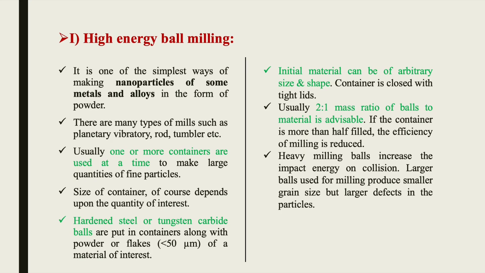You cannot take a very high radius of the ball to get the smallest grain, because you will get more defects in the particle. So your particle size will not be uniform. That is the drawback of the system. Such particles would prefer to acquire a stable lower surface energy state.